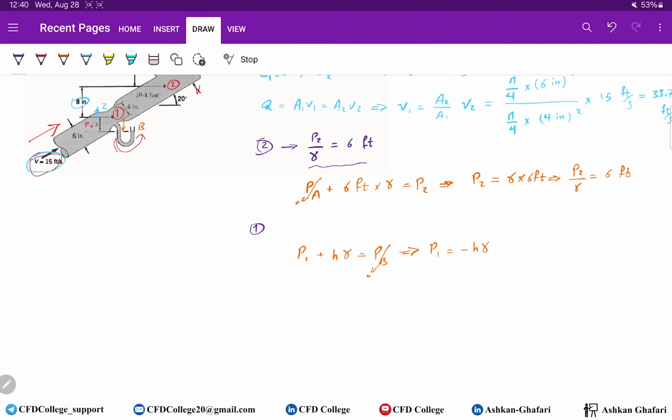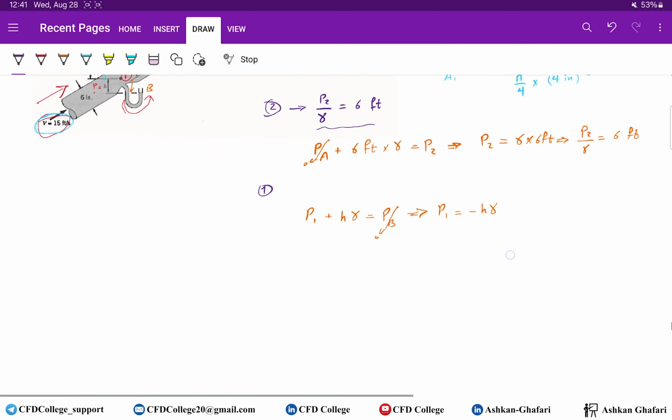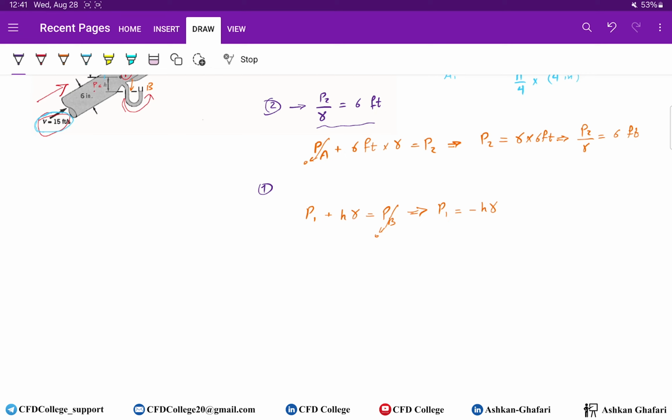Okay, now you can put the values into the Bernoulli equation. P1 over gamma minus H gamma over gamma plus V1 squared, V1 is 33.75 feet per second, over 2g, 32.2 feet per second squared, plus Z1, which is 0, equals P2 over gamma.